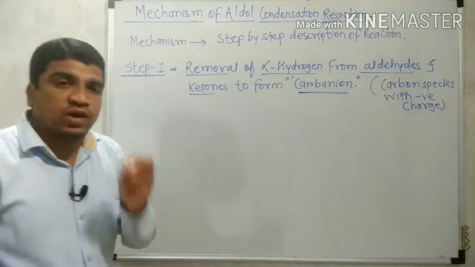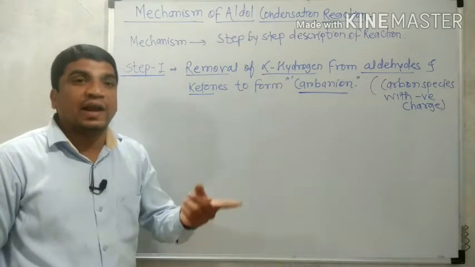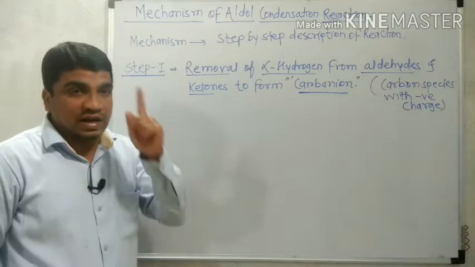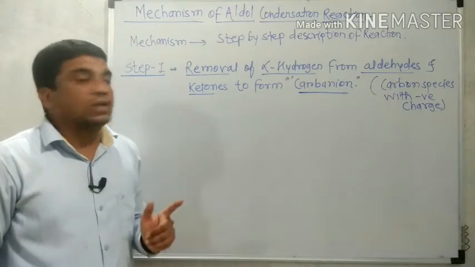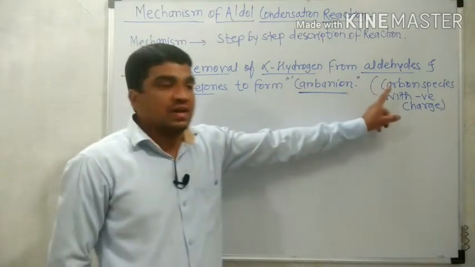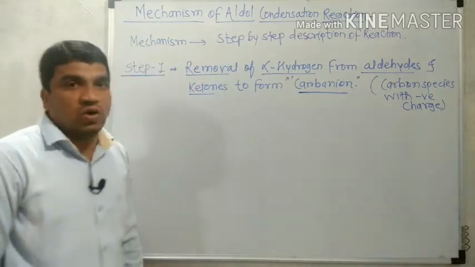Here in the first step, the alpha hydrogen atom of the respective aldehyde or ketone undergoing Aldol condensation is removed and the molecule is converted to the respective carbanion, a carbon species with negative charge on it.